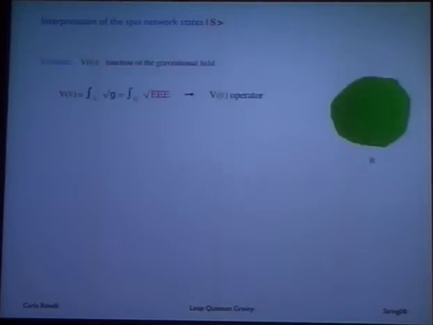Now, what is in this Hilbert space and these operators? First result: take a region of space and consider the volume of this region. Now the volume of course depends on the metric, which is the gravitational field, one of the fields we have, so it's going to be one of the operators in this Hilbert space. And it turns out that it's a well-defined self-adjoint operator.